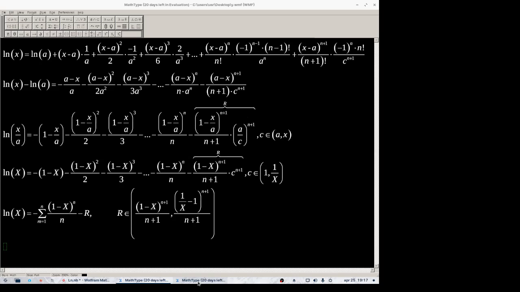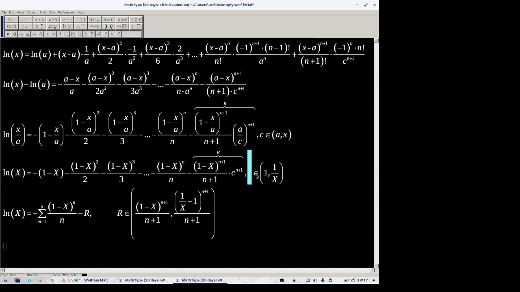After a little bit of simplification and using this logarithm subtraction rule, which can be written in this form, we can get this final result where I substituted x over a with this capital X.